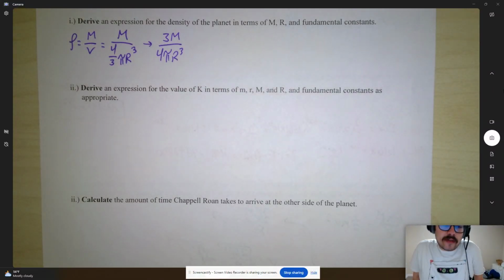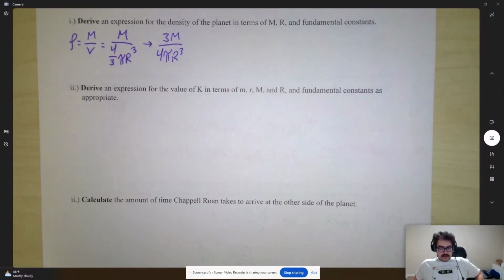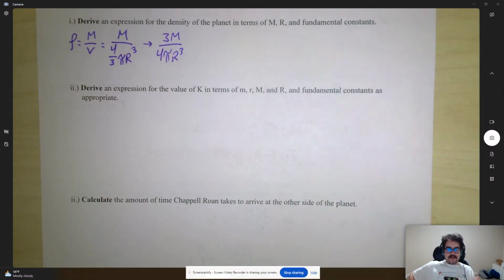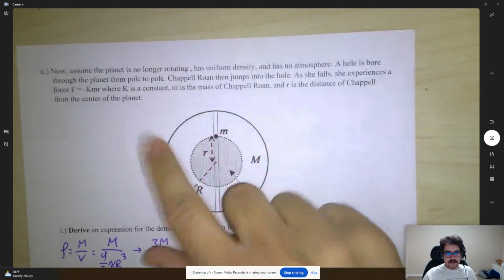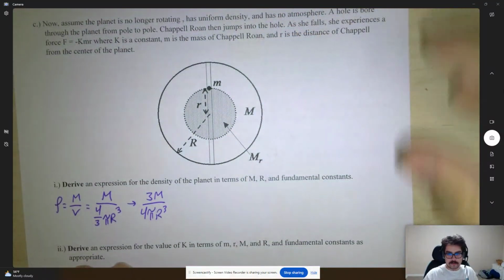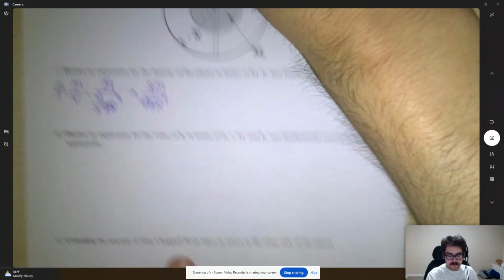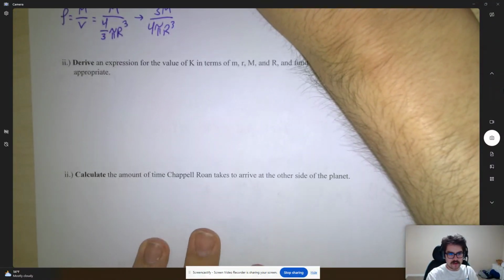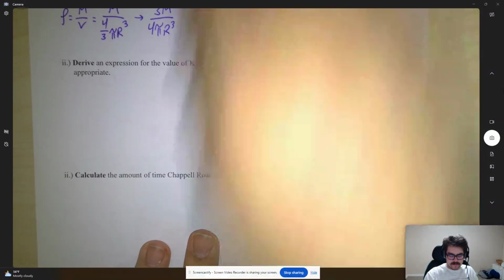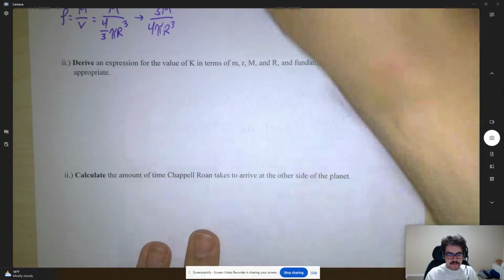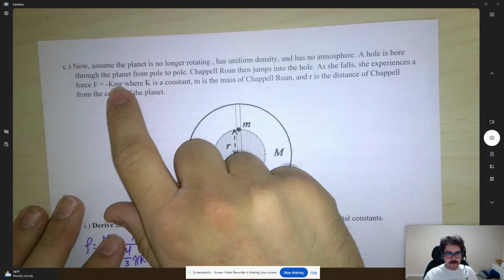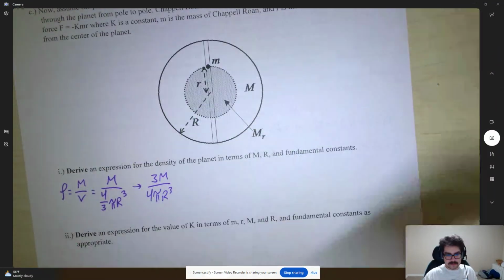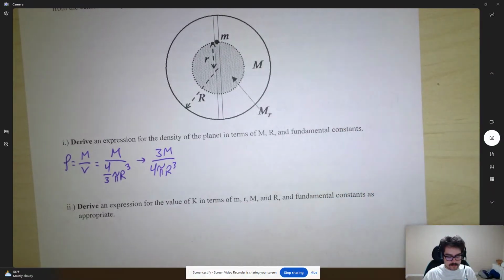Remember that little m is the mass of Chapel Roan, and r is the distance of Chapel Roan from the center of the planet. So if my force that's being exerted here is negative kmr, I'm going to write that. Not to be confused with moment of inertia, even though it looks kind of like it.